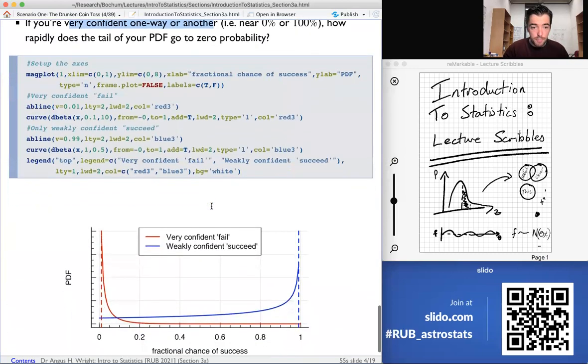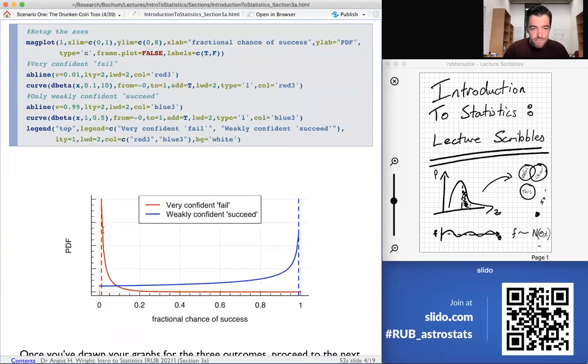Are you very, very confident that they're going to fail, in which case it would be this 0% probability in my dashed line with a very sharply dropping off tail. Or conversely, you could say, look, I think they're probably going to do it, but it's not beyond the realm of possibility that they could also fail. So there is some finite probability down here at 0, as well as some probability up here at 1.